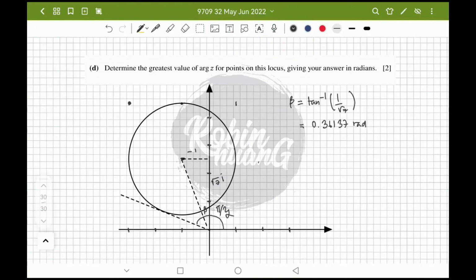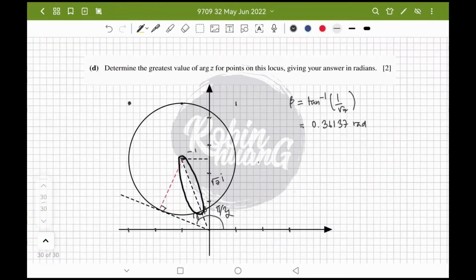And for the final part, let's say I put this as gamma. To find gamma we need to find this hypotenuse.